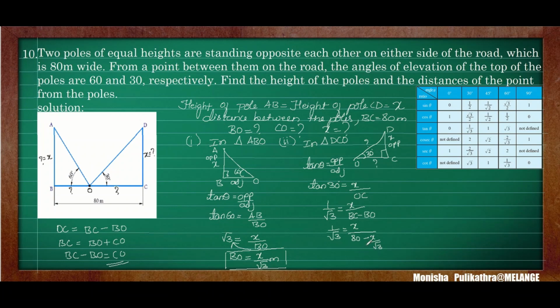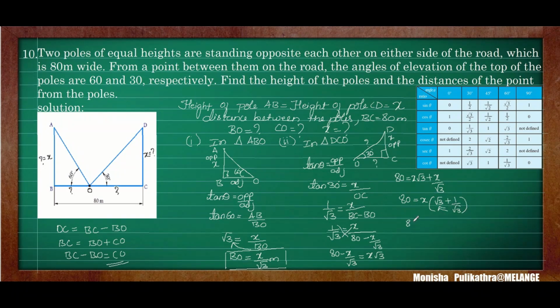So now we will be cross multiplying it. So it will become 80 minus x by root 3 is equal to x root 3. Next I will be shifting this x by root 3 to the right hand side. So it will become 80 is equal to x root 3 plus x by root 3. So here x is common. If I take x common, remaining will be root 3 plus 1 by root 3.